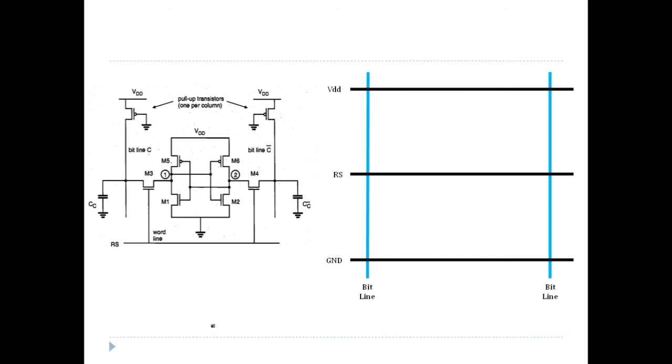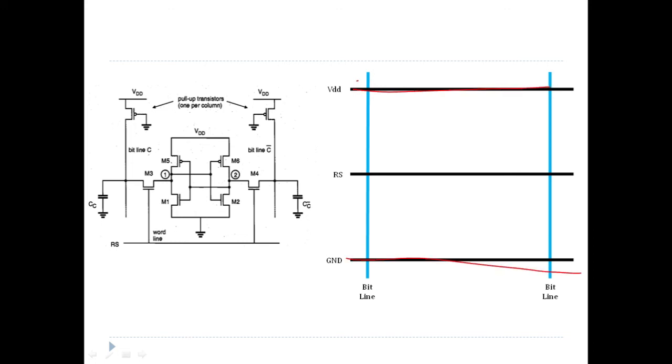Here you can see these are two different metal lines, because bit lines are also implemented using metal, and ground, row select and VDD are implemented using metal. So these are two different metal layers. The first metal layer is blue and the second metal layer is black. VDD is here and ground should be at the bottom.